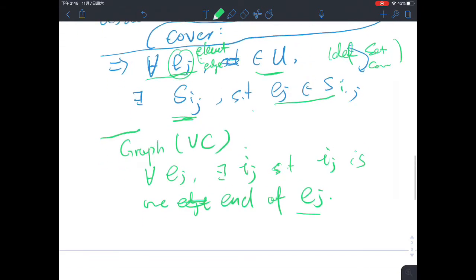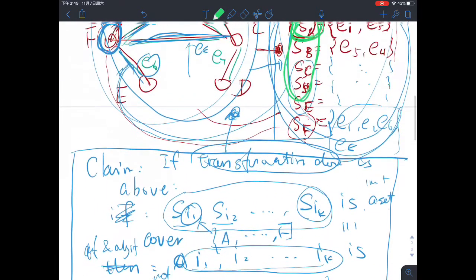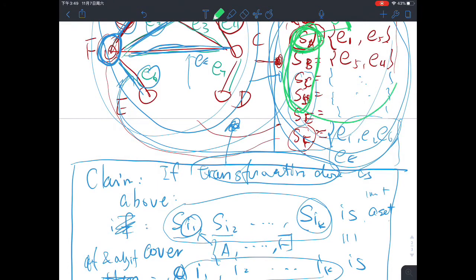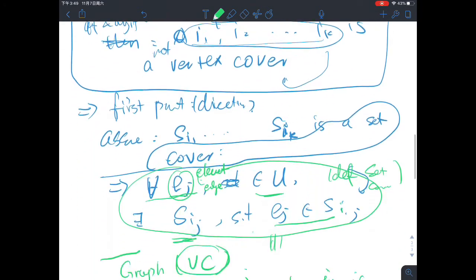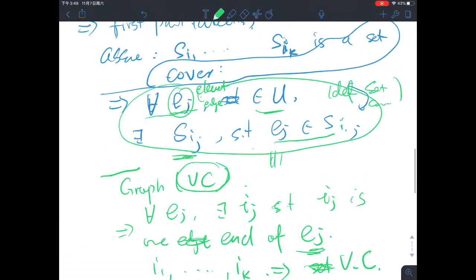This is really just the same statement, but I repeat it for the vertex cover problem using the vertex cover language. This is true exactly because of the way we do this reduction, so we guarantee this can happen. But if this is true, then I1 up to Ik itself is a vertex cover. So we are done for the first direction.